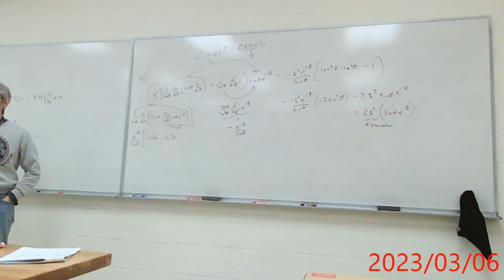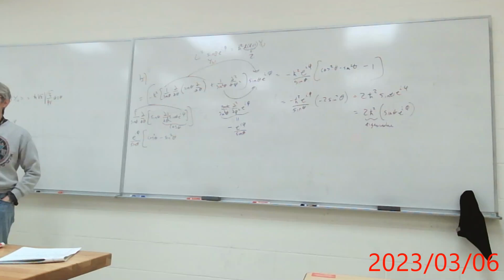Okay. So what he's doing here is he's saying, let's daggerize this entire equation. That flips it around, and then we can think of this as <r, theta, phi|.